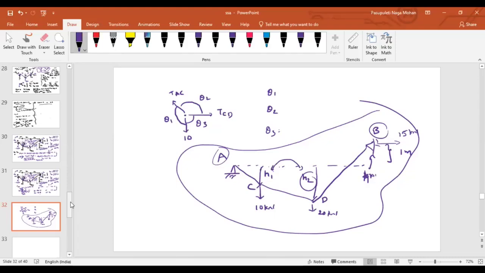You can write, obviously. So the thing is, if they want to simplify the problem, they can simplify it anyway. Like they might give you the reactions, then also you can find out. If they give you a relationship between H1 and H2, then also we can find out. And there are some problems where they might keep a rigid bar somewhere here, and then we have to take the sides as equal.